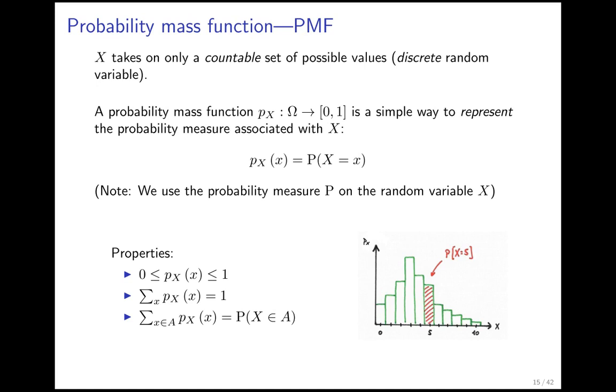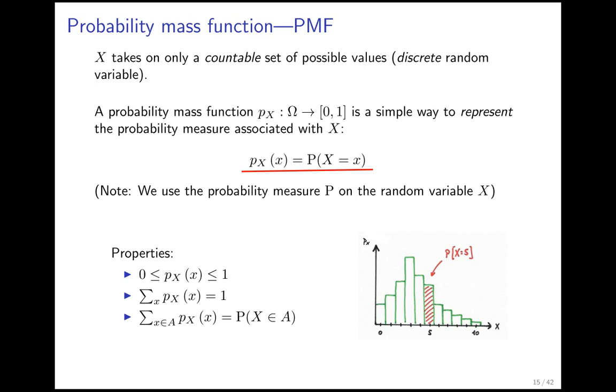But this time there is a difference, and this is depicted here. The probability mass function, which is usually denoted as p_X(x), corresponds directly to a probability, and it's the probability that the random variable X takes this value x. And notice the difference here.